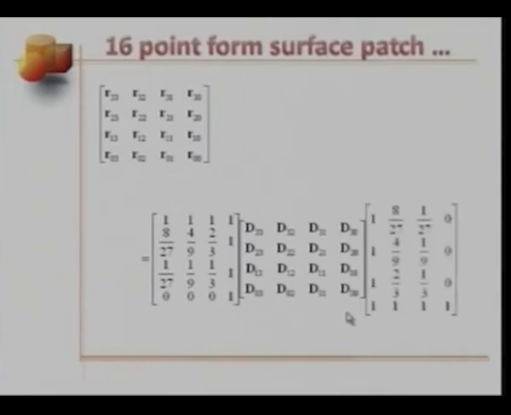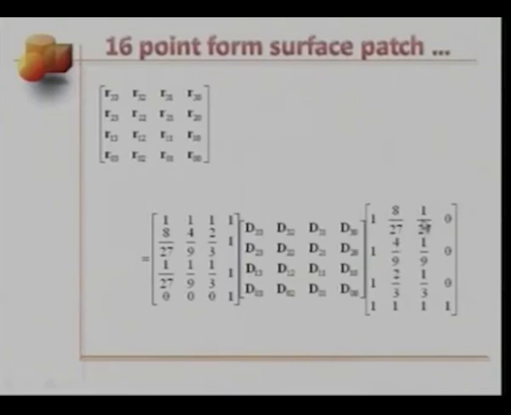And again, we will have a 4 by 4 matrix corresponding to different powers of the second parameter v, arranged column-wise. The first column here corresponds to v equals 1. The second column here corresponds to v equals 2 over 3.